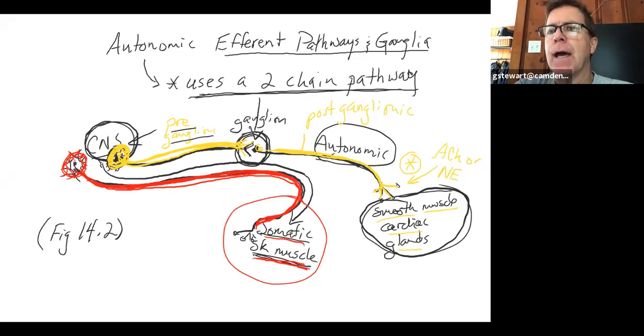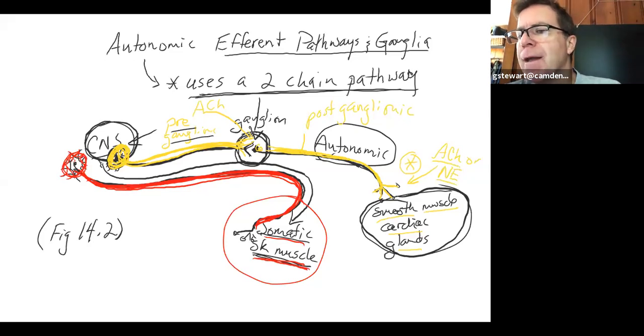The preganglionic neuron always releases acetylcholine at this stage, at the ganglion, the synapse, and then the postganglionic fibers release either acetylcholine or norepinephrine, and the results of those neurotransmitters can be either excitatory or inhibitory depending on the receptor at the effector organ.